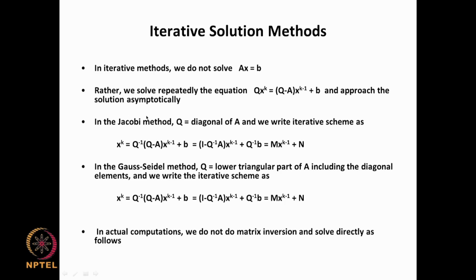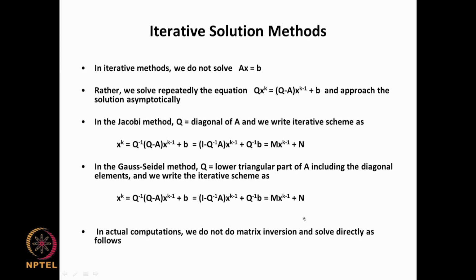In the Jacobi method, Q is the diagonal, all the diagonal elements of A, and therefore this iteration becomes like x k equal to M x k minus 1 plus N. And similarly, in the Gauss-Seidel method, we choose Q to be the lower triangular part of A, including the diagonal elements, and that again can be put in the form of x k equal to M x k minus 1 plus N.